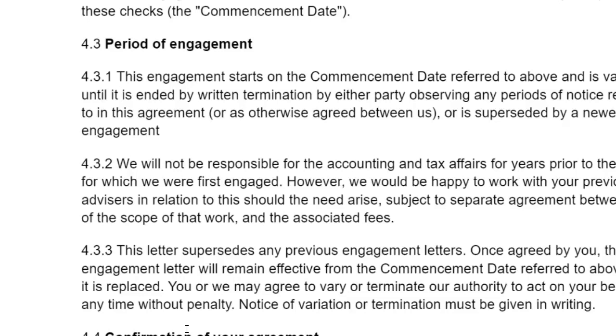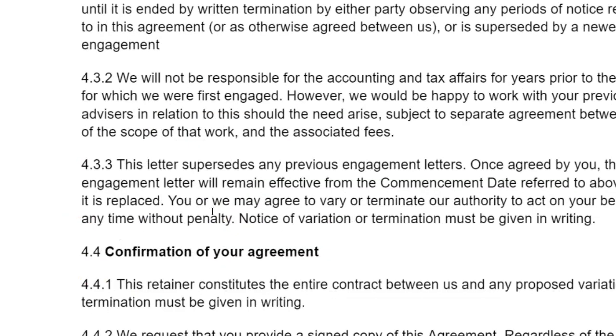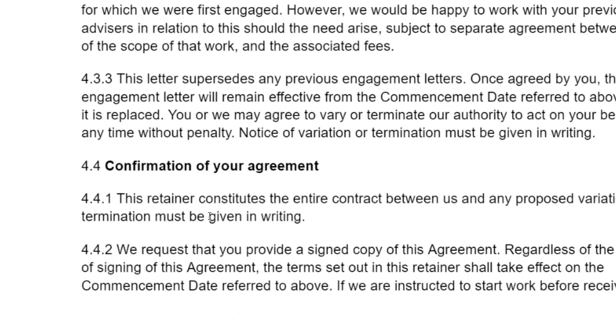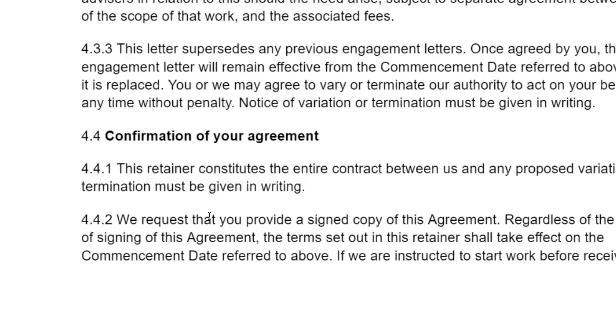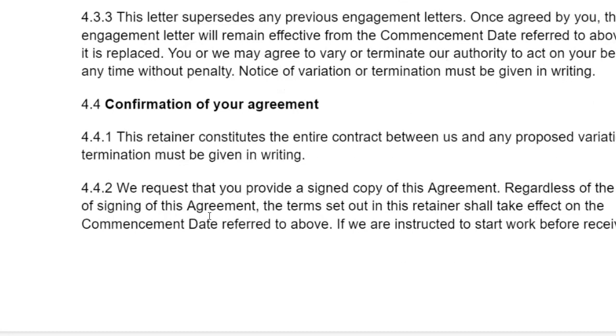over 12 months, then you need to specify this, and also the timing where you or your client can give a notice, or you give a notice if you decide to leave or stop the engagement of this service. Confirmation of agreement.